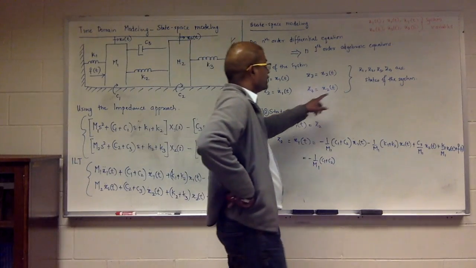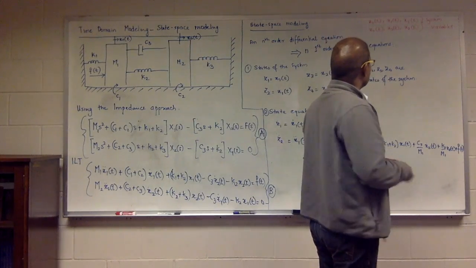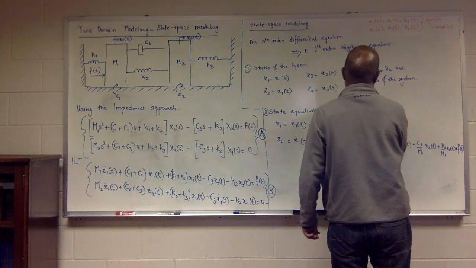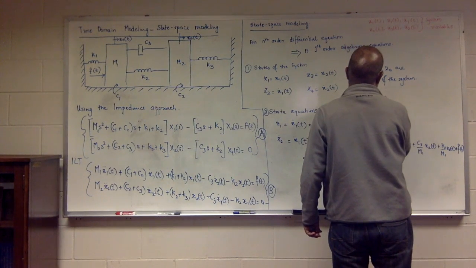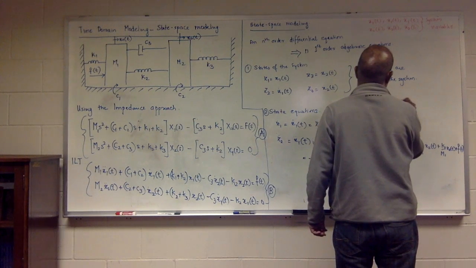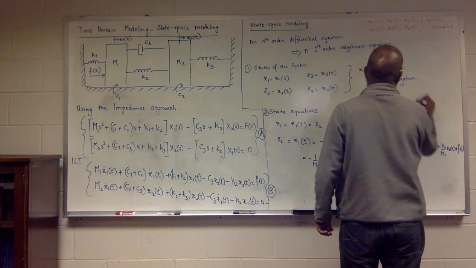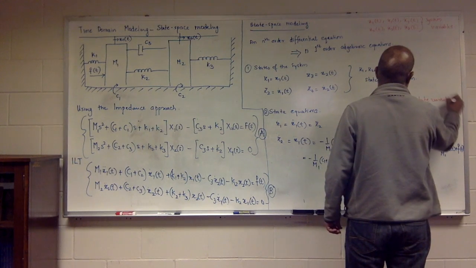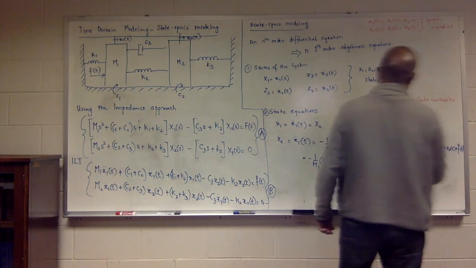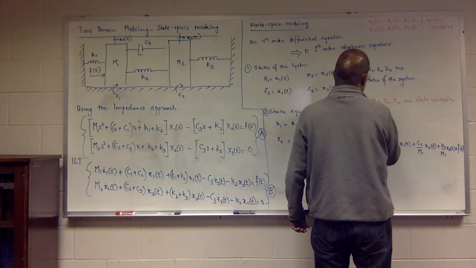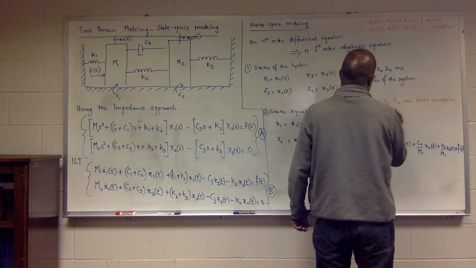Now here, z1, z2, z3 are state variables. Okay. Again, you can look at them as the same thing.